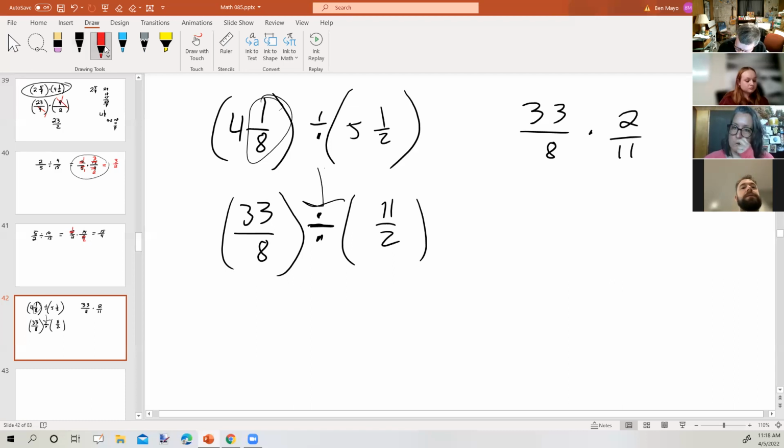Now I can come in and pre-reduce. 2/8 is 1/4. How about 33/11? Does that reduce? What goes into both? 11? Well, 11 goes in, so this would be a 3 and this would be a 1. Final answer, 3/4. Okay.